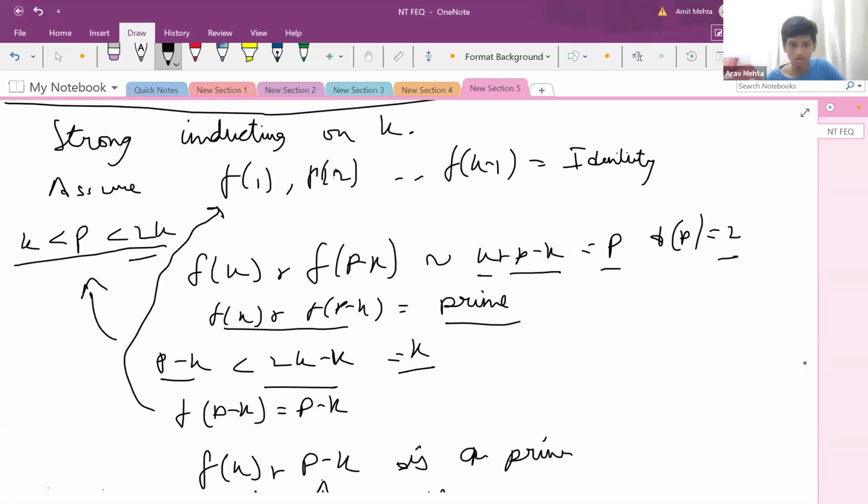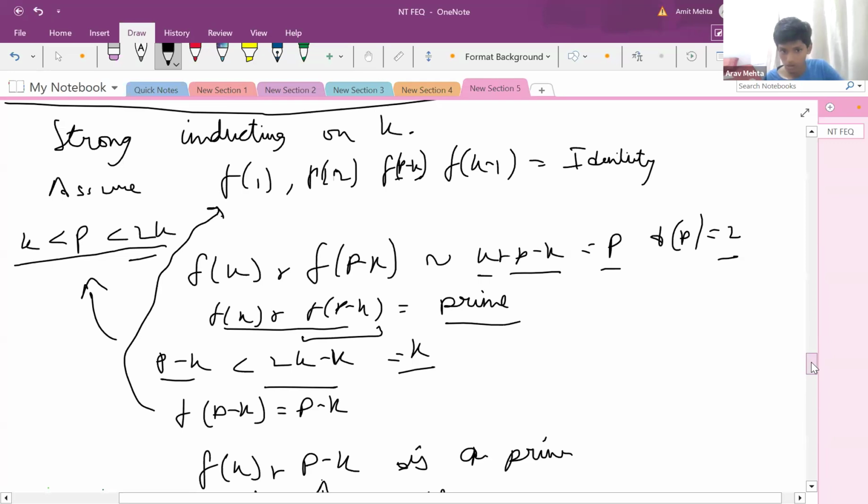So p minus k is strictly less than k. So f of p minus k is p minus k, because we know that p minus k comes somewhere over here.